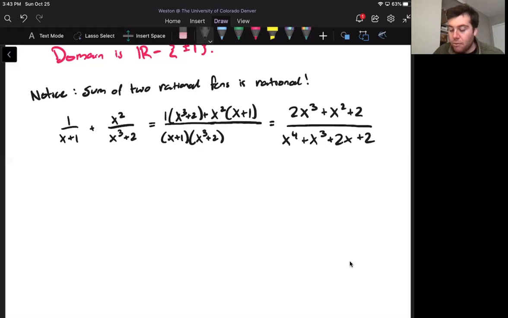The same will go for multiplication, subtraction, and also division of rational functions. The multiplication works the exact same way. And again, when we multiply two polynomials, we get a polynomial. So because we're going straight across, we still get two polynomials divided by each other. So multiplication holds.